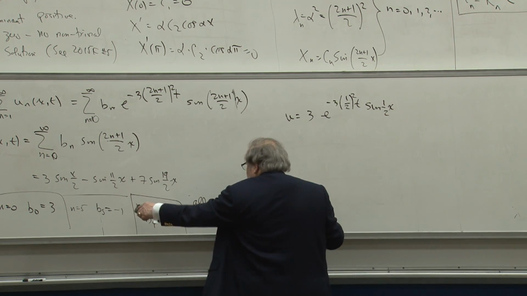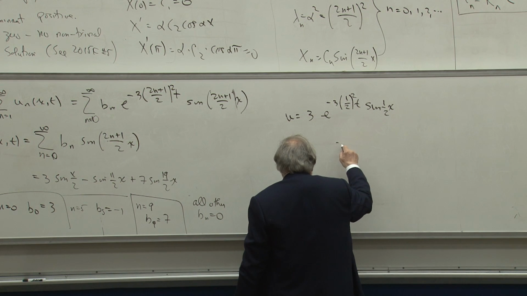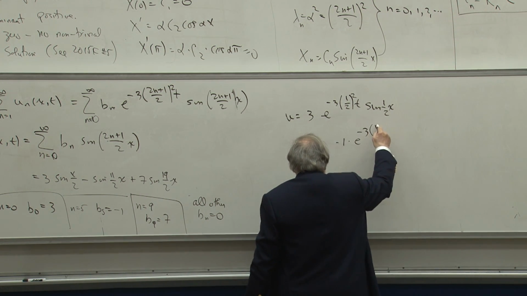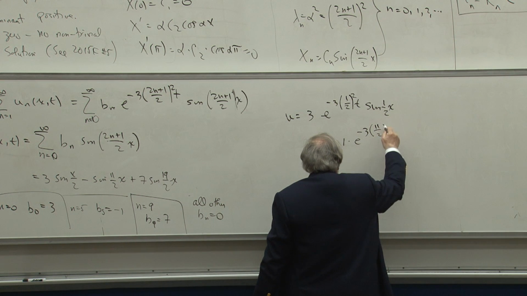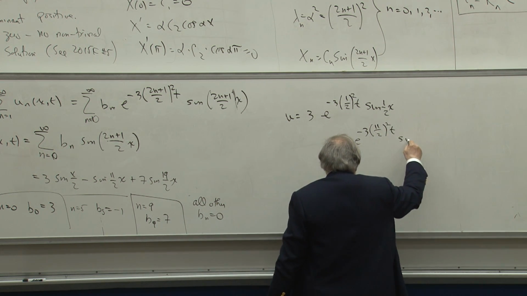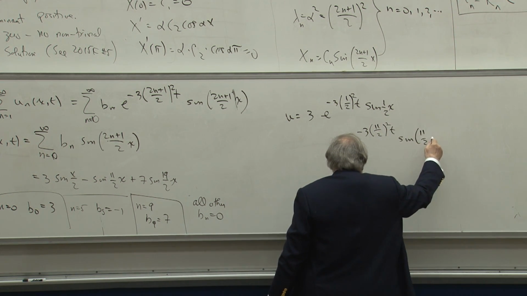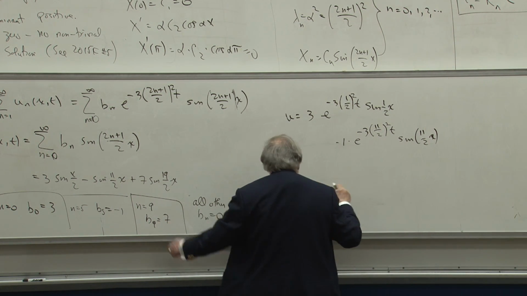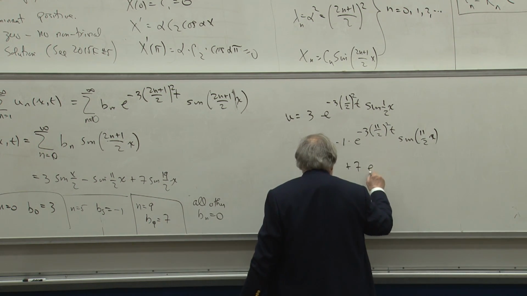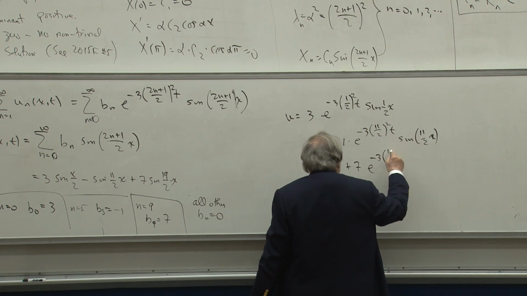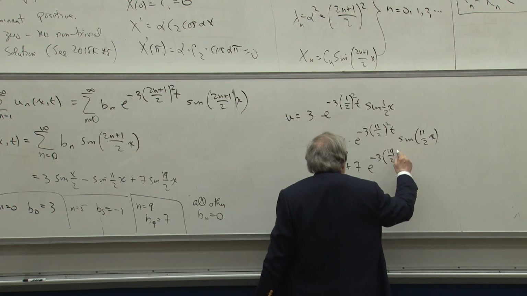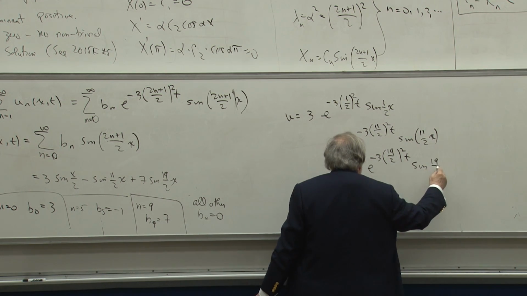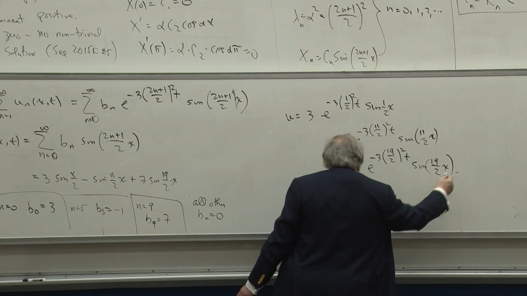The next term is the 5 term, minus 1, e to the negative 3, (11 over 2) squared t, sine 11 over 2 x. Finally, 7 e to the negative 3, (19 over 2) squared t, sine 19 over 2 x.